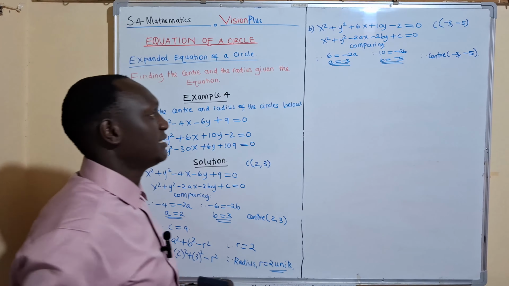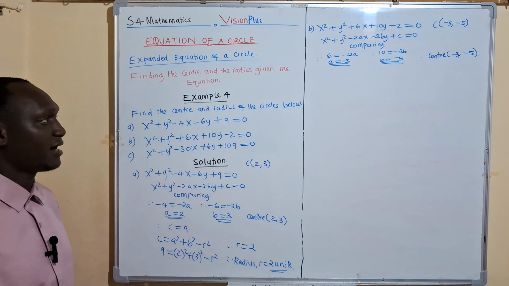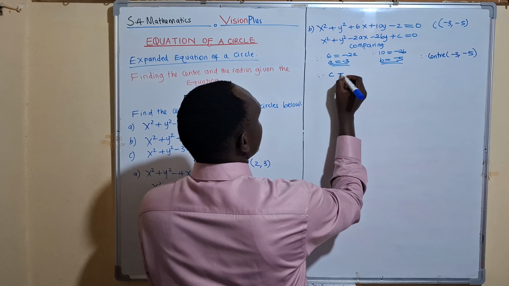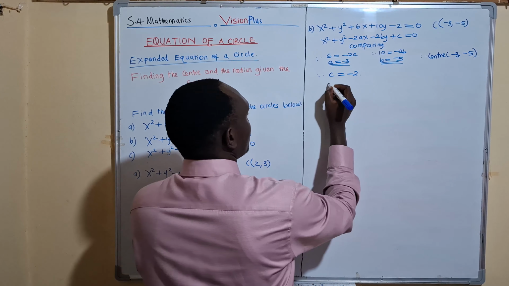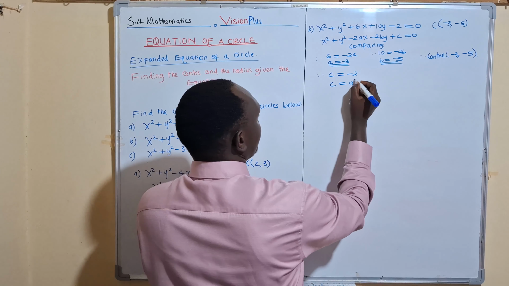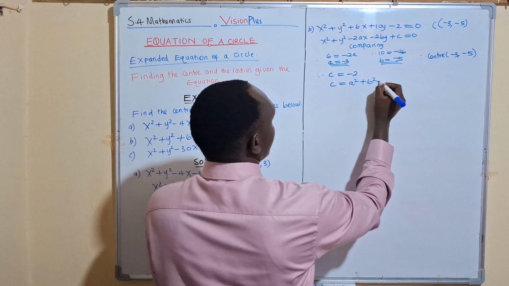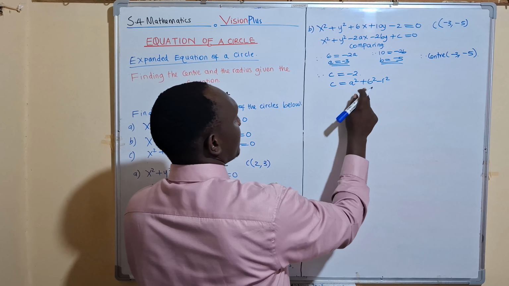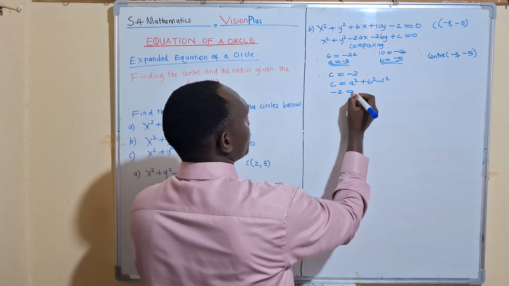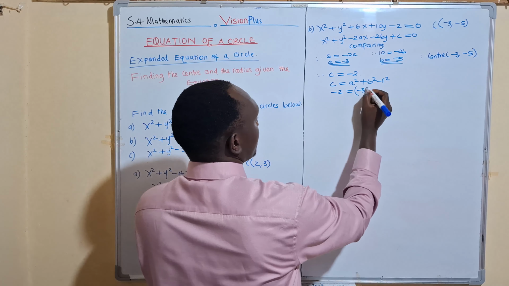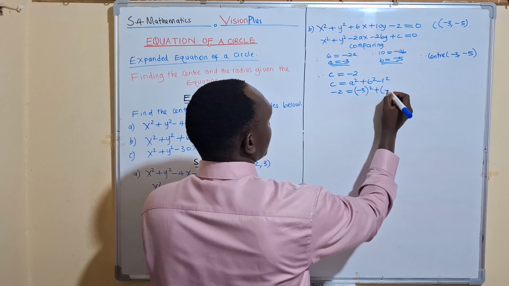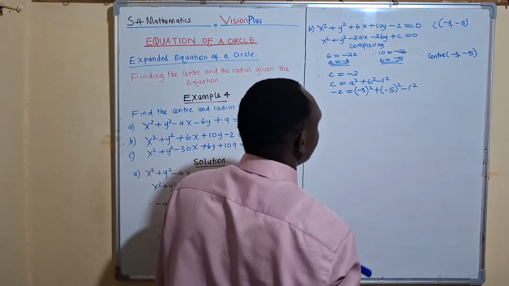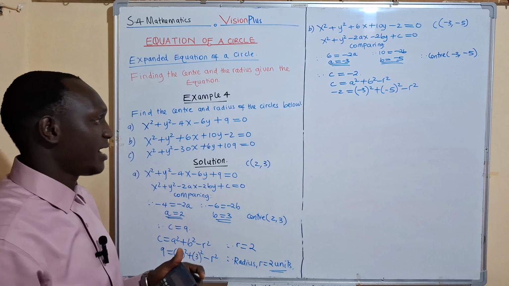After getting the center, now we are left with the radius r. So still on comparing, we see that c is negative 2. But we know that c has a formula given by a squared plus b squared minus r squared. Substitute for c, a and b. c is negative 2 equals, what is a? Negative 3 squared plus what is b? Negative 5 squared minus r squared. Then from there you find your r.